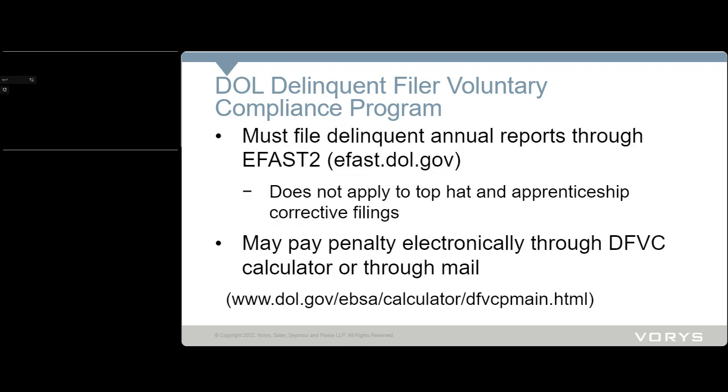Just as a reminder, if you do the Delinquent Filer Program, you must do it through EFAST, except for the Top Hat and Apprenticeship corrective filings. And you can pay the penalty through the DFVC calculator or through the mail.